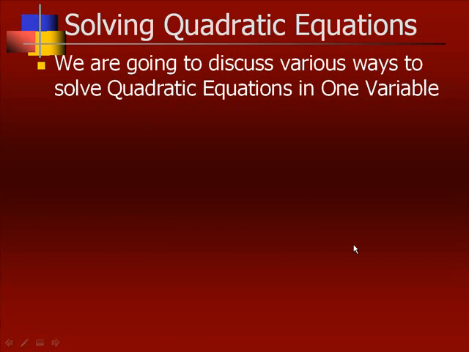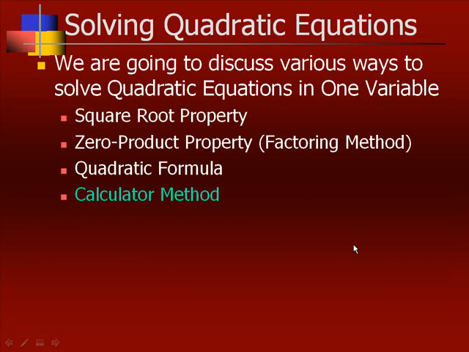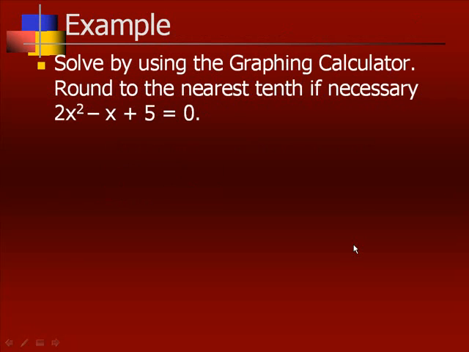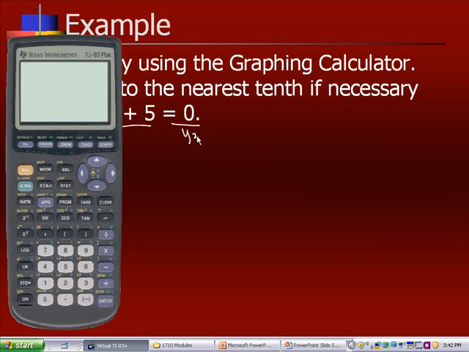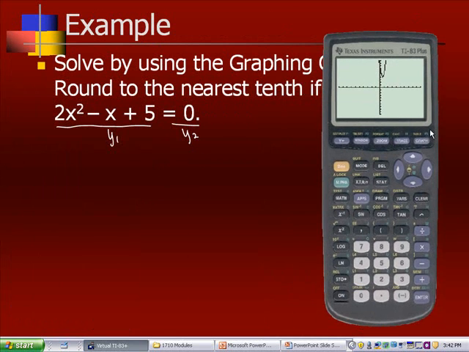Okay, last way. How are we going to solve equations in one variable using the calculator? Okay, what we're going to do on this is like we've been doing. We're going to take the left side, set that equal to y1. Take the right side, set that equal to y2. And then we're going to find where they intersect.